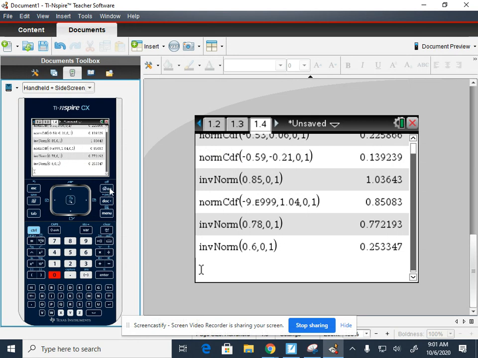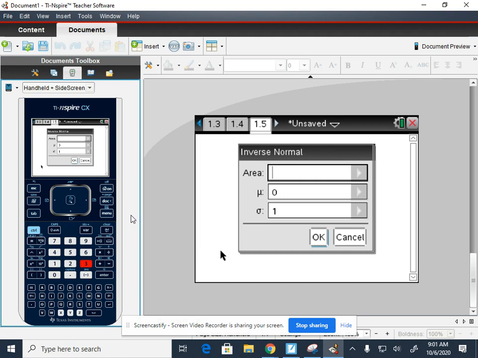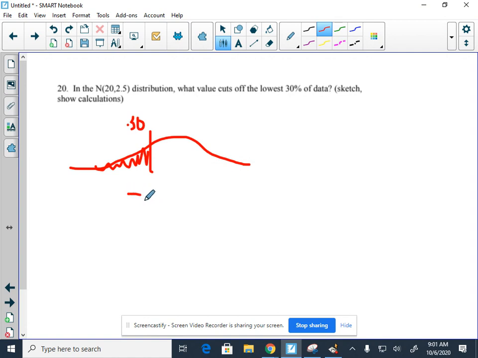But you first want to do an inverse norm, menu 653 of 30%. I get negative 0.52. That's the Z-score. Now remember, Z equals X, subtract the mean is 20, divide by 2.5.